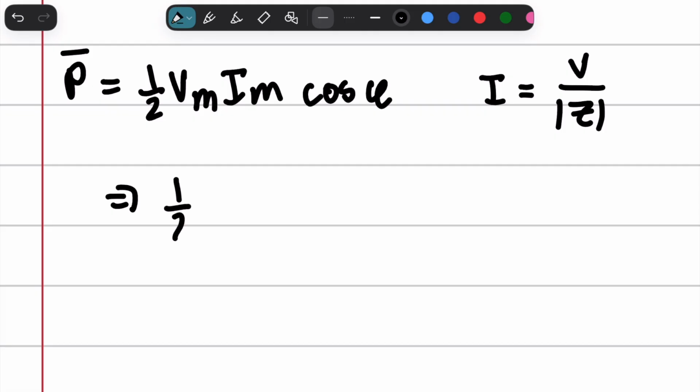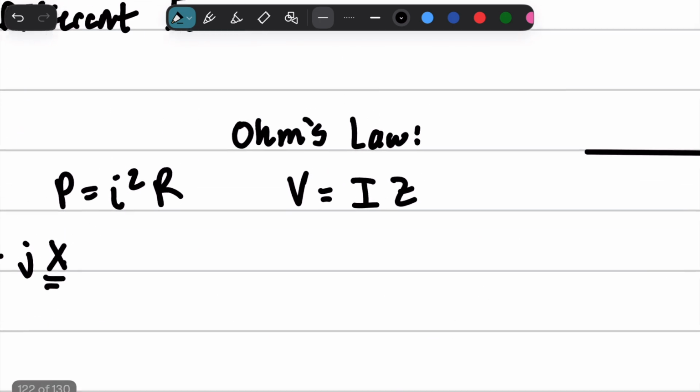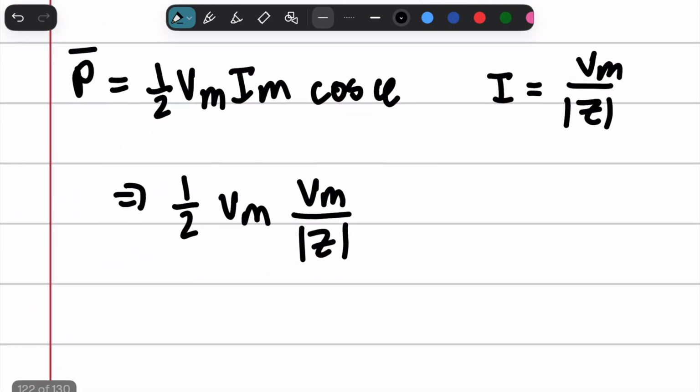And we have 1/2 Vm, and this is actually Vm squared, the Vm maximum, because that's not the average power that we're looking at. Ohm's law is showing these maximums right here.